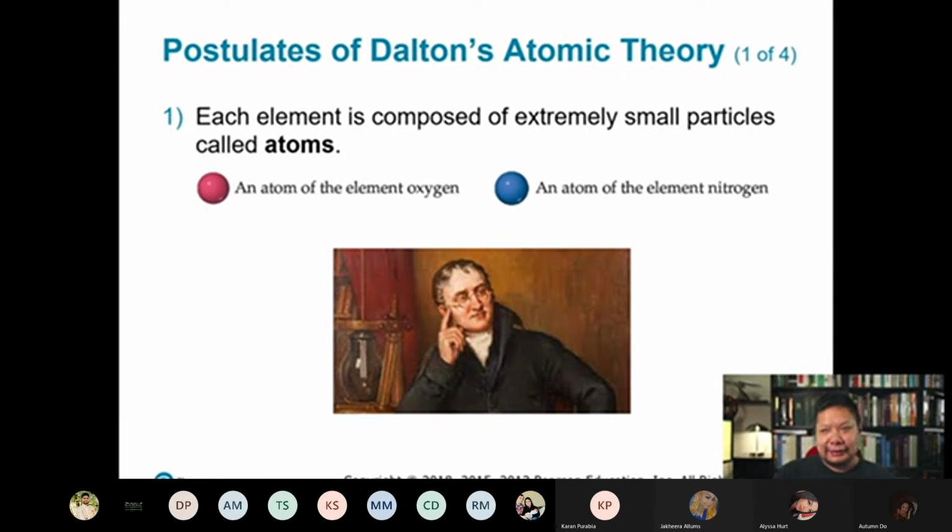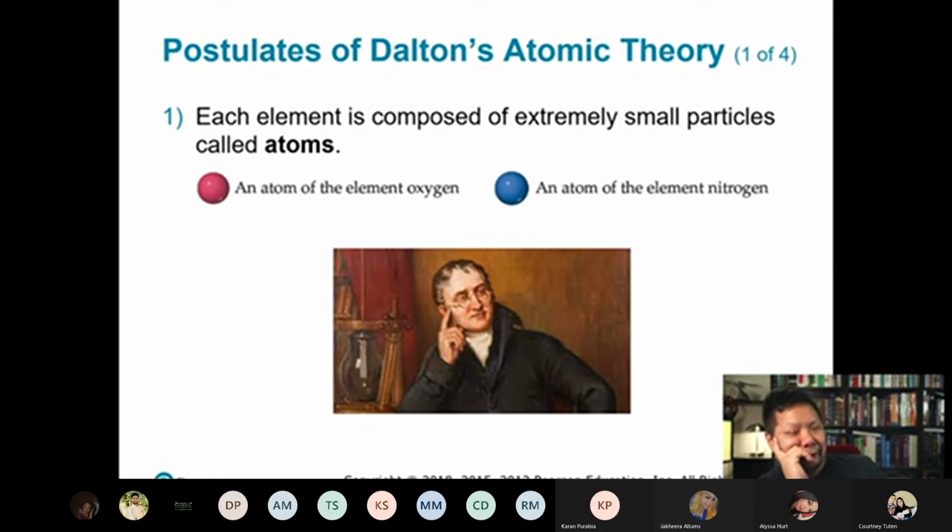By the way, that's a picture of Dalton right there. In your textbook, when they talk about Dalton and Dalton's atomic law, they have this very suave picture of him in a pensive, thoughtful mood, thinking about the law.